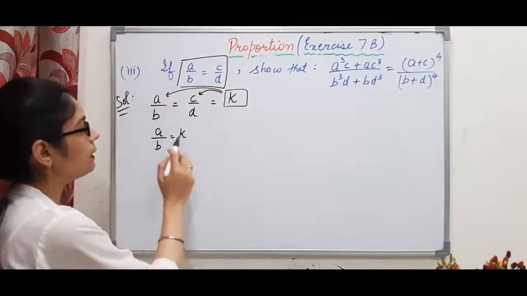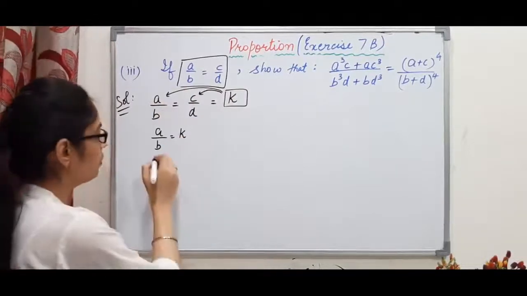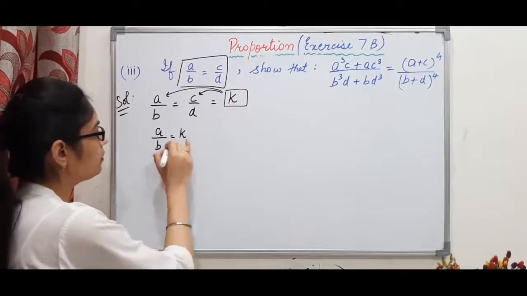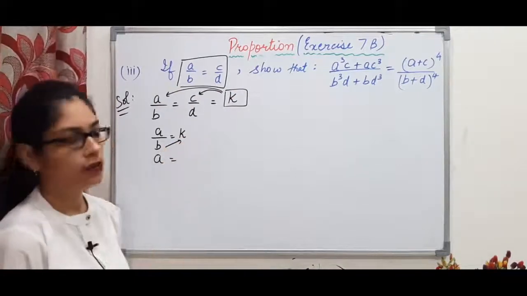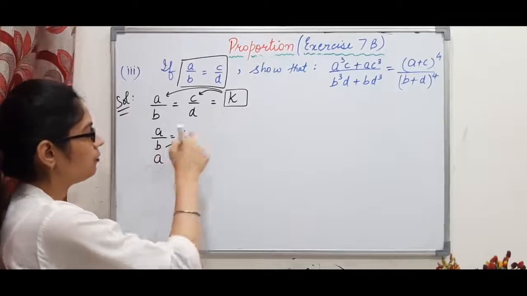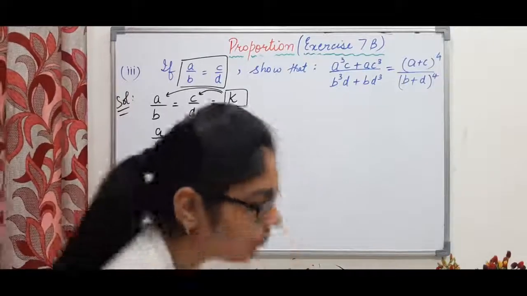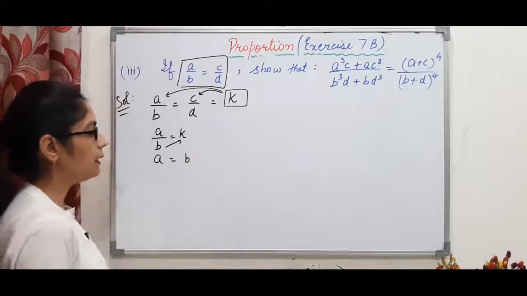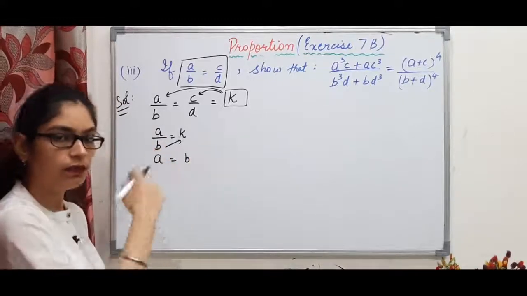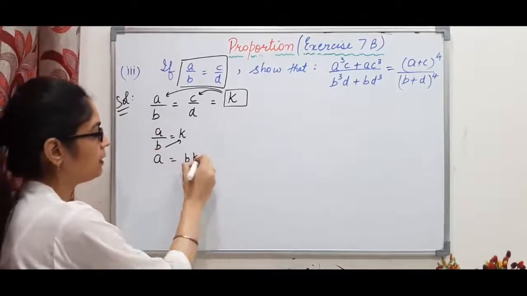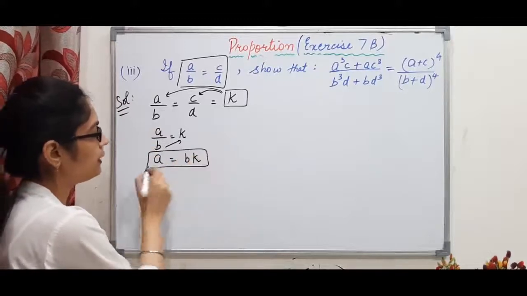So A by B is equal to K, which means A is equal to B into K, because B is getting divided on this side, so if I change the side, it will get multiplied. So A is equal to BK.